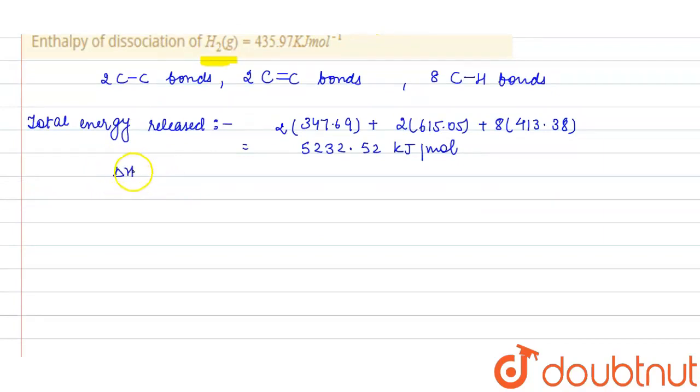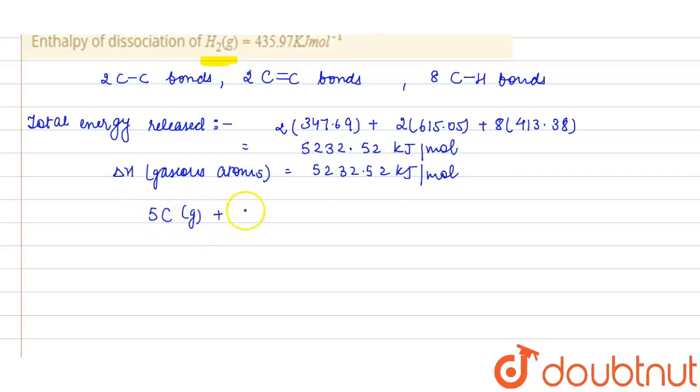So delta H for the gaseous atoms is 5232.52 kilojoule per mole. Now see the delta H of formation. If you write the equation, 5C gaseous atom plus 8H gaseous atom will form C5H8, the molecular formula of isoprene, also gaseous.